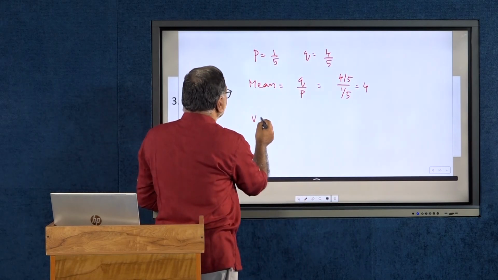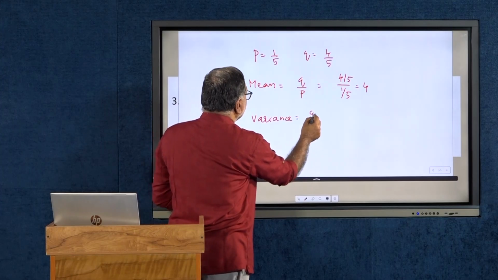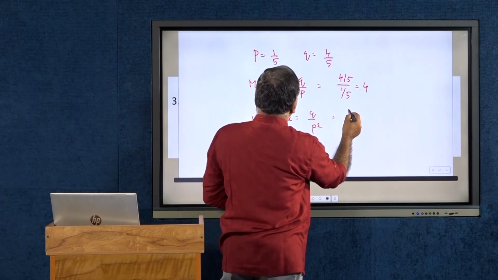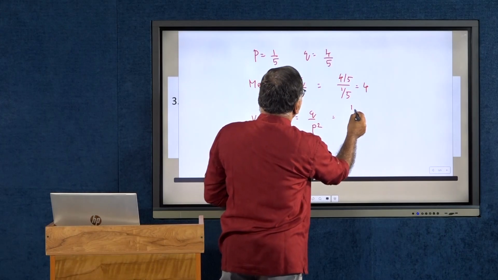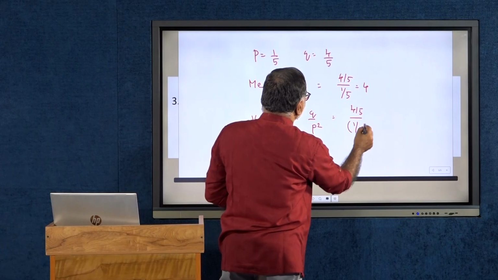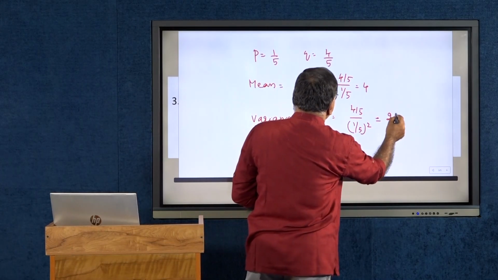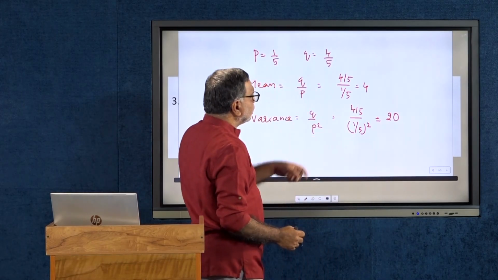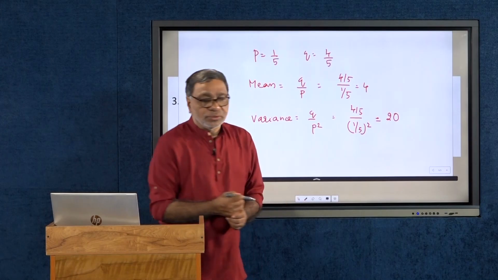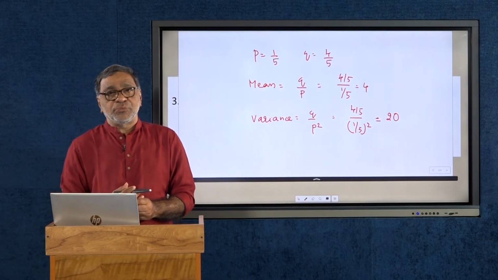And variance is equal to q divided by p square, that is 4 by 5 divided by 1 by 5 the whole square, that is 20. So, that is the variance of the distribution.